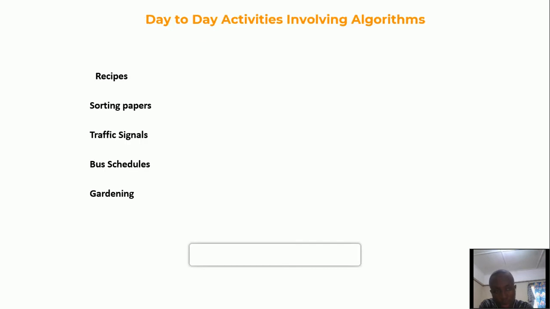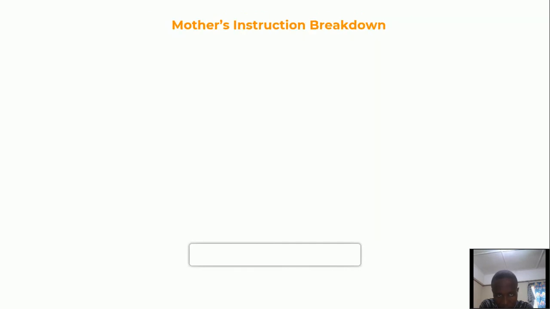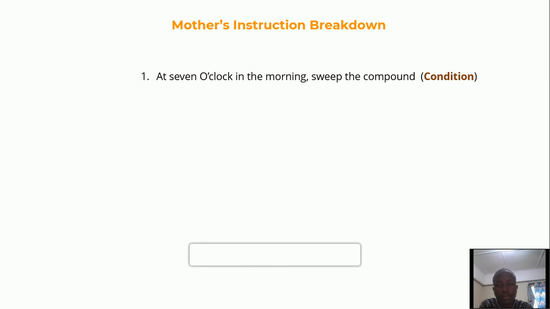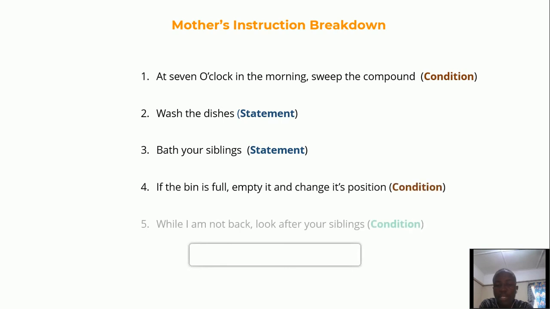Some of the basic algorithms that we have day to day are recipes, sorting papers, traffic signals, bus schedule, gardening. The next one talks about some of the statements that we saw in mother's instructions. The first statement had a condition inside saying at 7 o'clock.